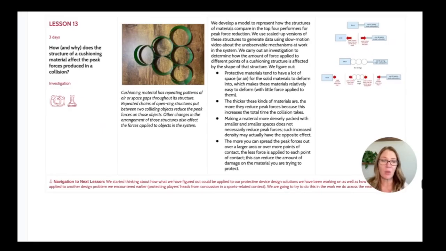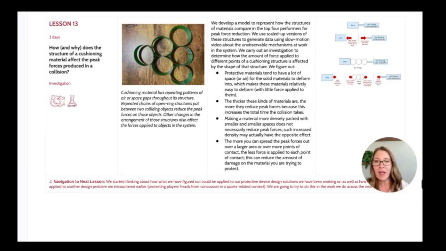In lesson 13, we start to think about why those air pockets are so good at cushioning the protective devices. And so we develop a model. We use these construction paper rings to figure out why these air pockets help reduce the peak force.